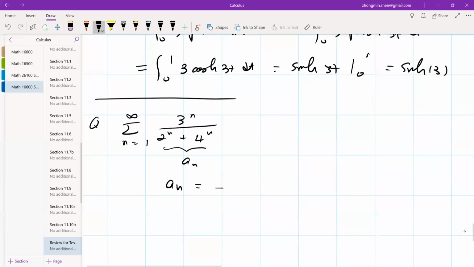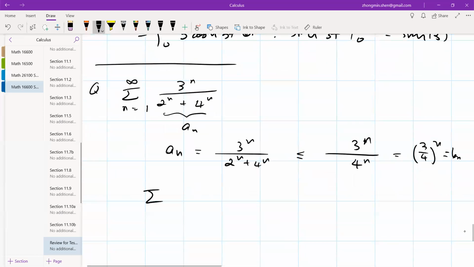So you can use the inequality, and the denominator is at least 4 to the n, and that gives 3 over 4 to the power n, that's my bn. So by bn, we know that this is convergent. Why?